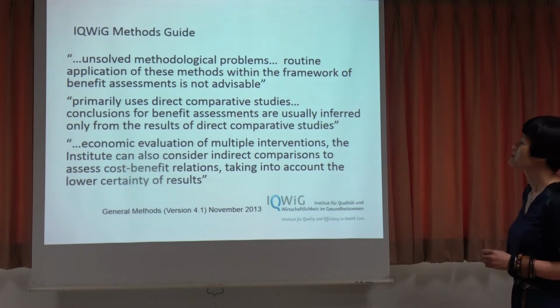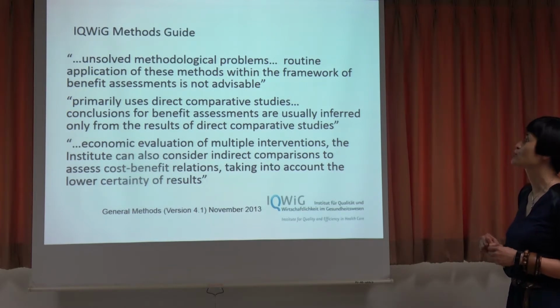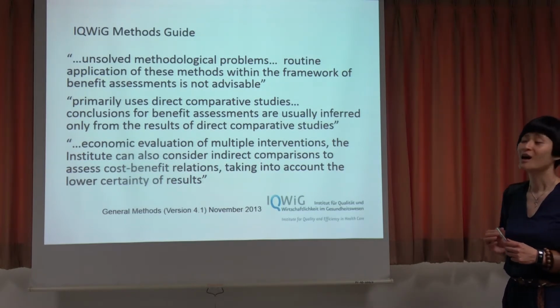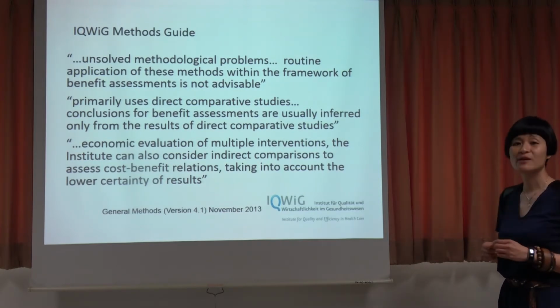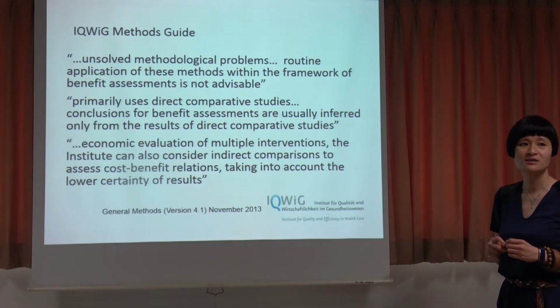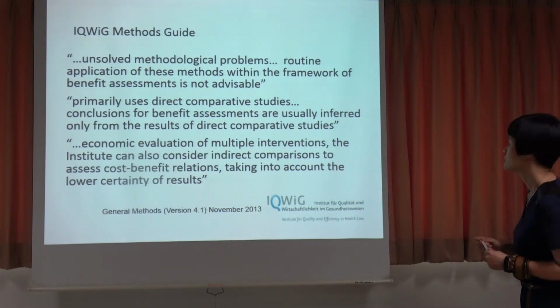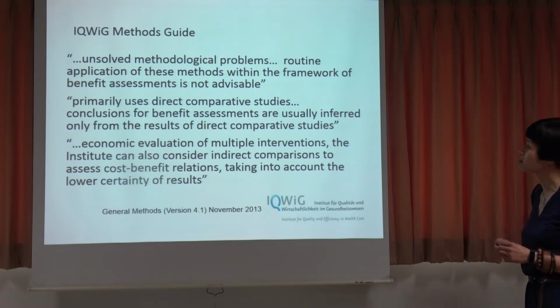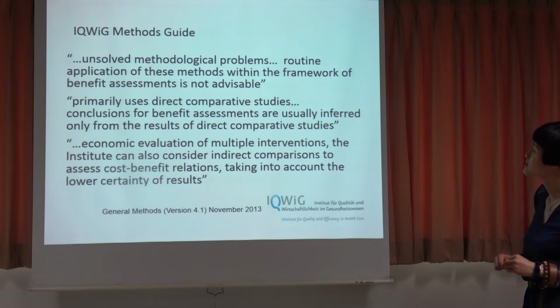In Germany, IQWiG, in its methods guide, says that network meta-analyses have unsolved methodological problems. Routine application of these methods within the framework of benefit assessment is not advisable. So they're far tougher than the other agencies in terms of accepting this evidence. It should primarily use direct comparative studies. Conclusions for benefit assessments are usually inferred only from the results of direct comparative studies.